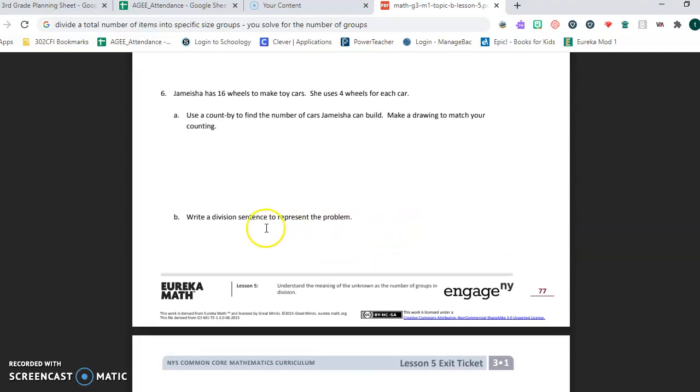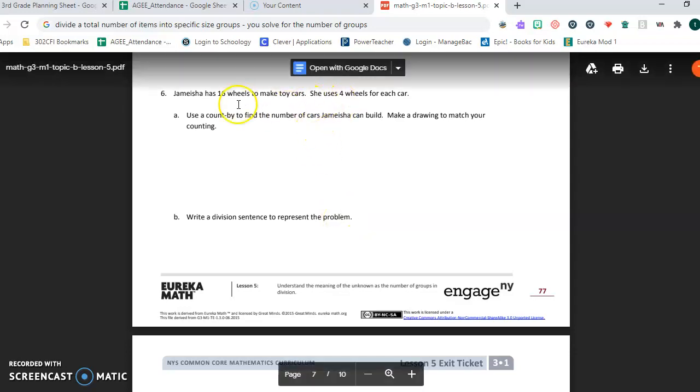And then it asks you to write a division sentence to represent the problem. And since we are focused today on dividing the total number of items into specific size groups, you're going to be using these numbers here. The total number of items is 16 wheels, and the size of the group is 4 wheels for each car, and that tells you the group number, which is how many cars.